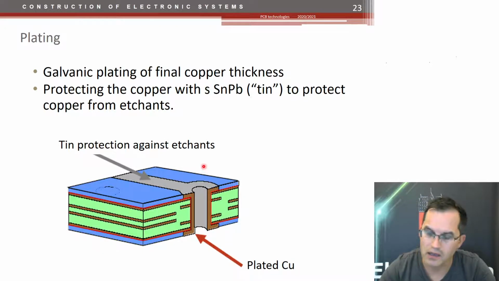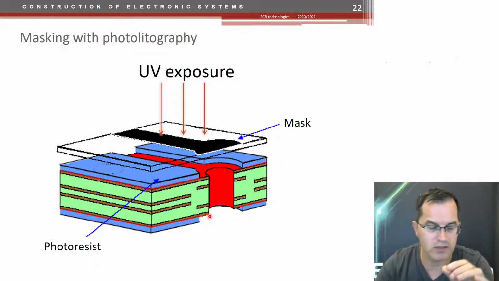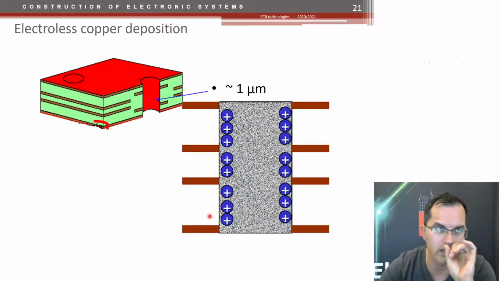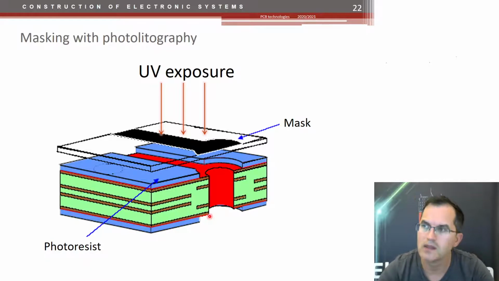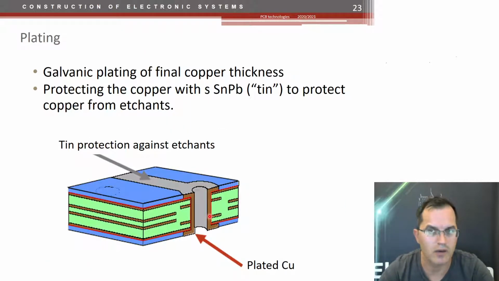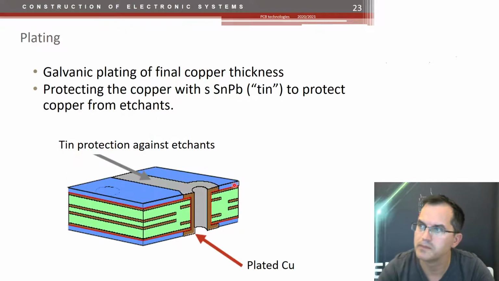And because at the beginning the PCB is already plated with the thinnest copper layer with electroless copper deposition, all the PCB is conductive, so we can apply electrical copper deposition with electrolyzers, and this then reaches the final copper thicknesses at all places where needed. So that's why we use the negative technique here to open the spaces for the extra copper. And then we cover it with tin to protect it from the etchant.